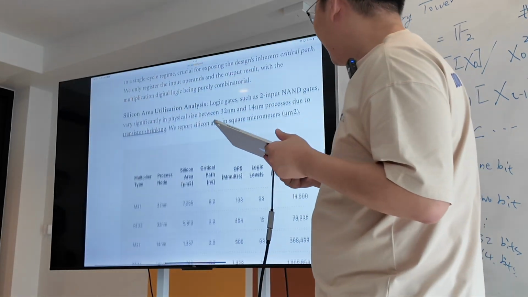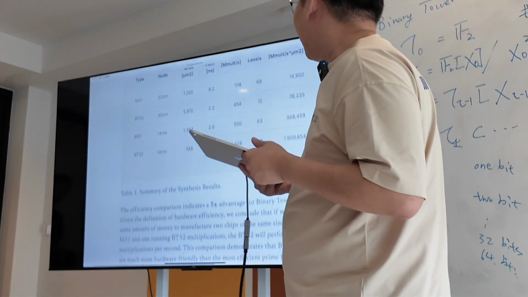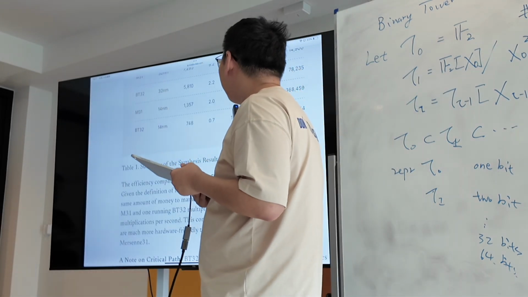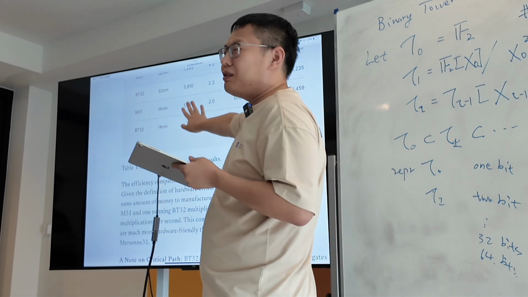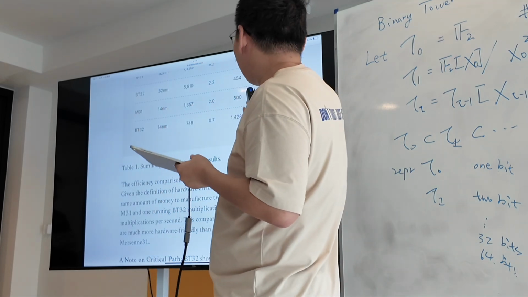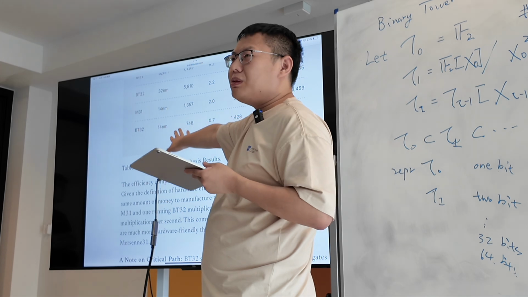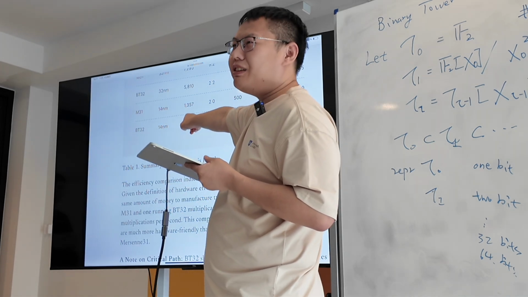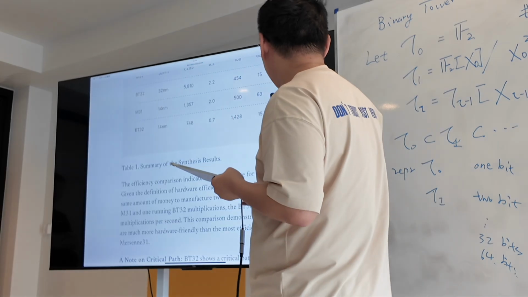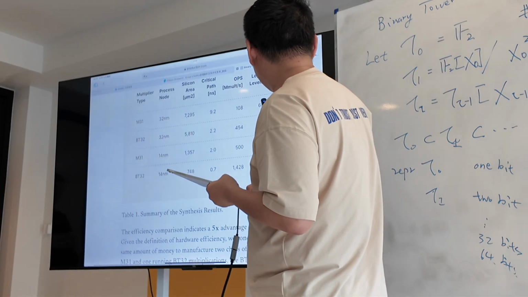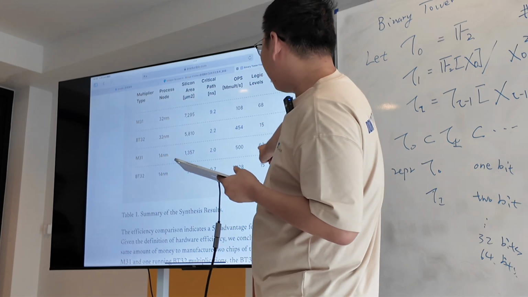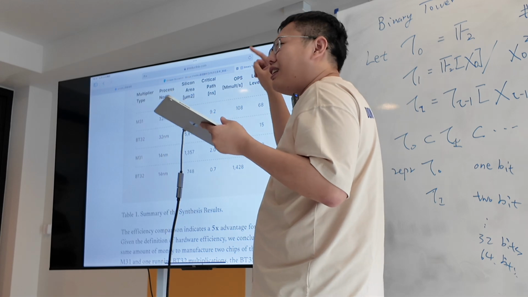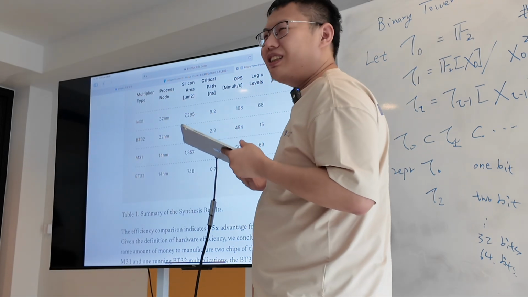Okay, so let's look at some numbers here. In a 14 nanometer chip, this is our design, and here are the numbers. This 32 bit binary field will have half the area, and that's the maximum level of logic, which is the longest path in that picture that you have to go through.